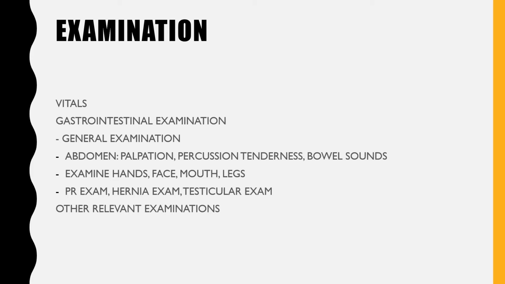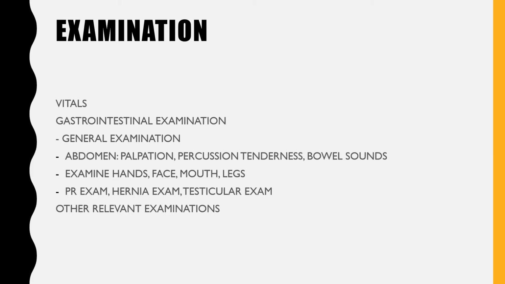You then need to move on to a focused exam of their abdomen, and so do a light and deep palpation in all areas of the abdomen. You need to look for percussion tenderness and auscultate for bowel sounds. You should then go through and perform the complete gastrointestinal examination, look at the patient's hands, face, mouth, and their legs, and you should always have a listen to their chest in any patient that's presenting in the ED.